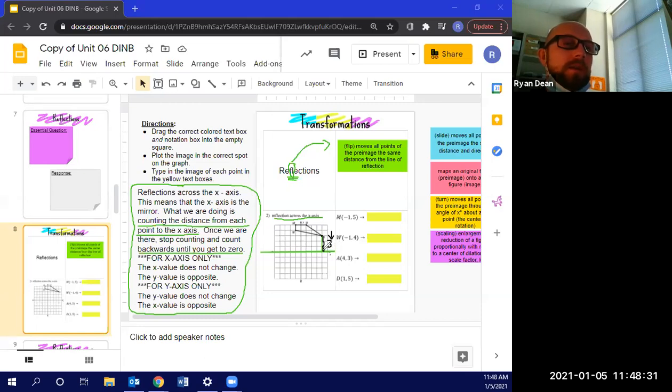Now from here, I stop counting, and I go from 3 back down to 0, but on the opposite side. So 3, 2, 1, 0. This point right here is going to be my A prime.